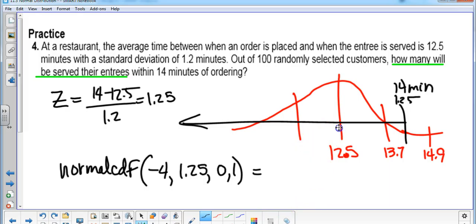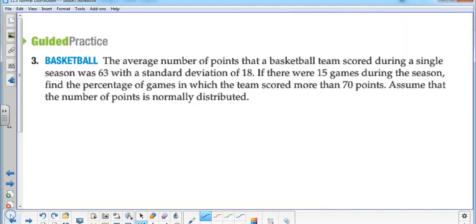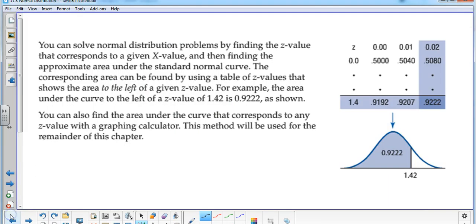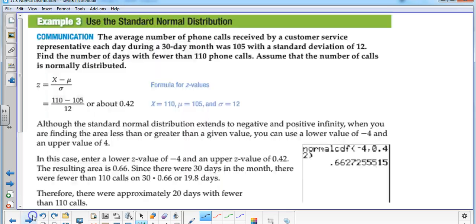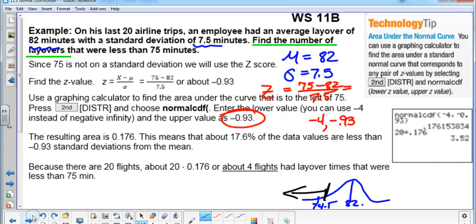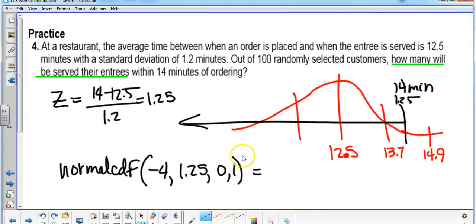Because all of the data goes between, okay, they say -3 and 3, but you can go out as far as -4 and 4, okay? You could use -3 and you'd get almost exactly the same answer. Someone else get that?